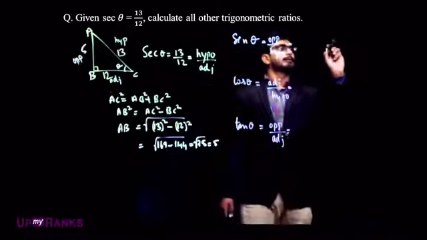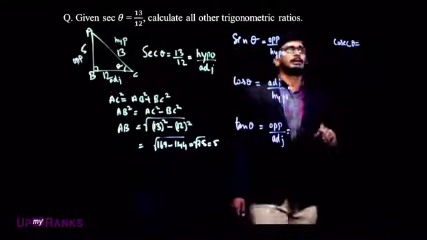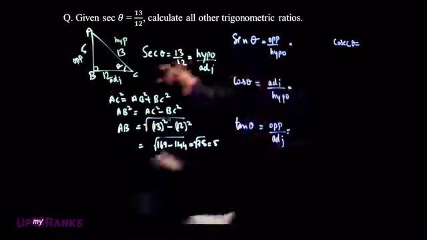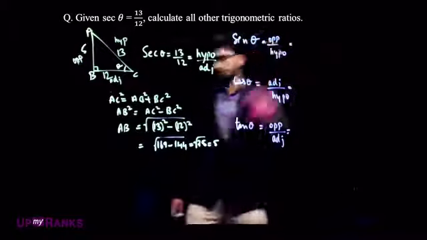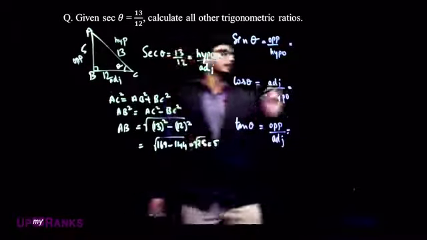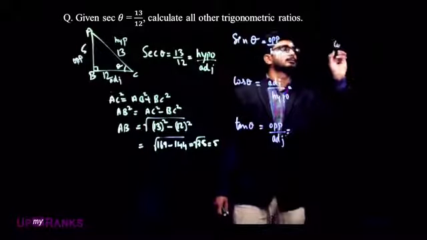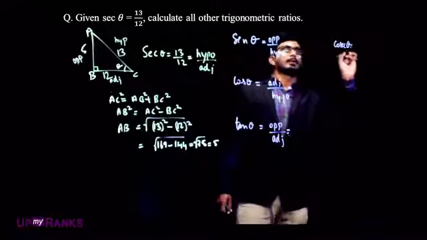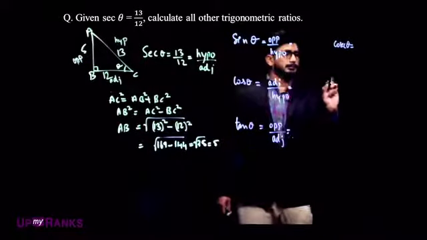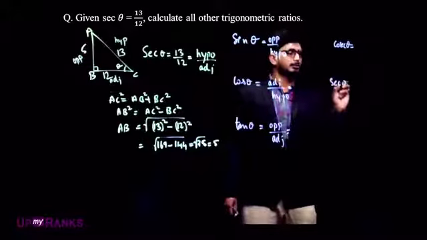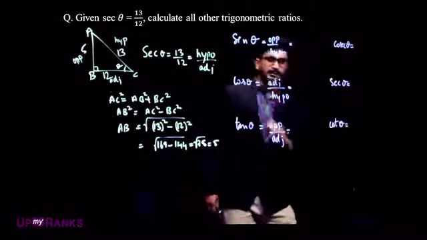Similarly, we have cosecant theta, which is the reciprocal of sine. Secant theta we already know. Cot theta is the reciprocal of tan.